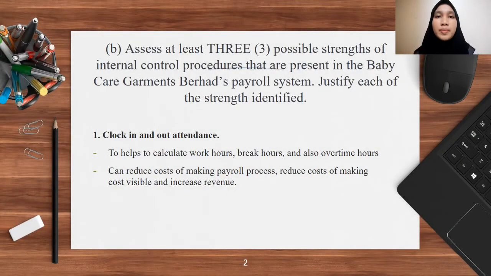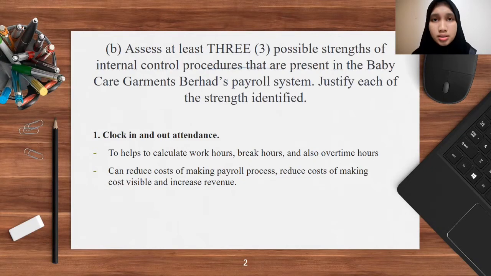For part A, B, I need to explain three possible strengths of the internal control procedure present in the Baby Care Garments Berhad payroll system. Number one is clock in and out attendance. The clock in and out attendance is a time clock that records the employees' time and attendance.